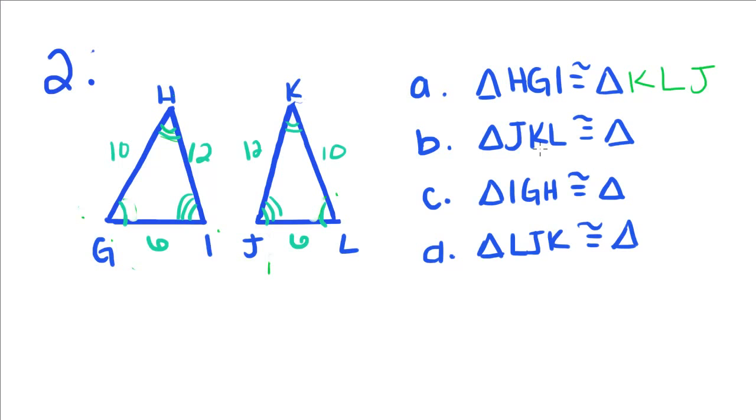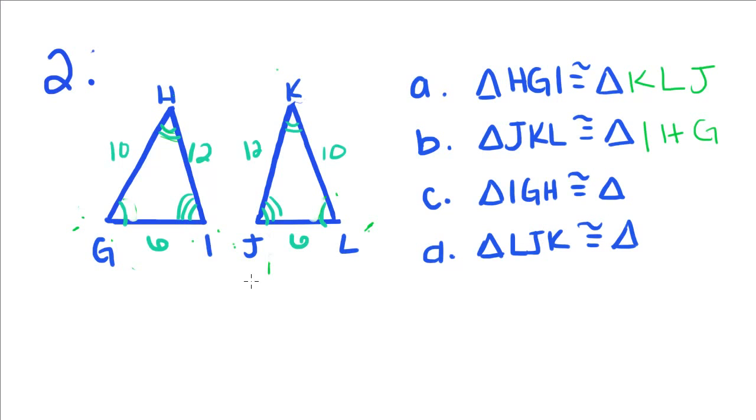So, triangle JKL is congruent with, so if I start with J, I have to start with I right here. So triangle I, and then I went to K, so I have to go to angle H right here. And then I went to angle L over here, so that means I have to go to angle G over here because L and G are congruent.